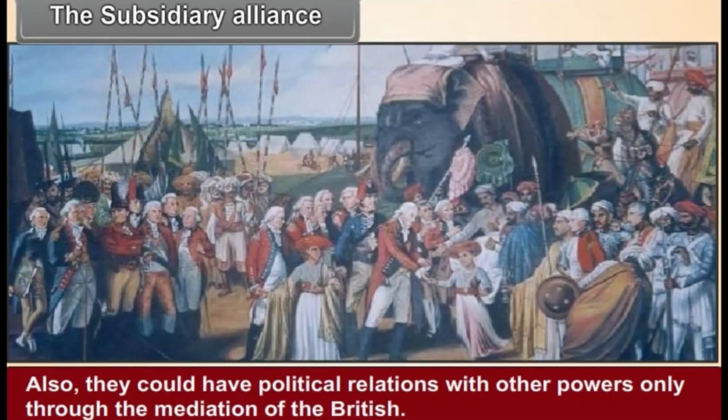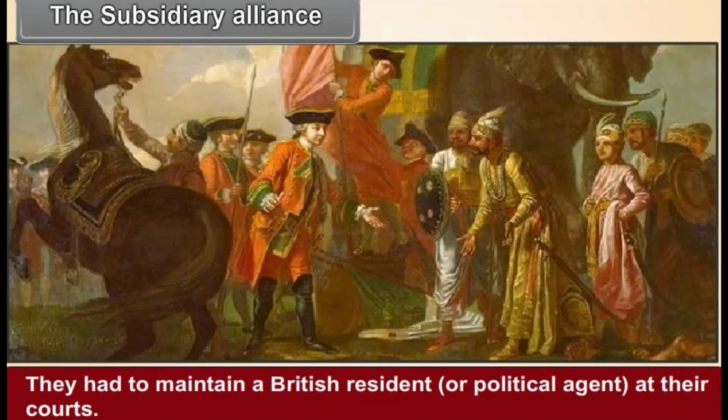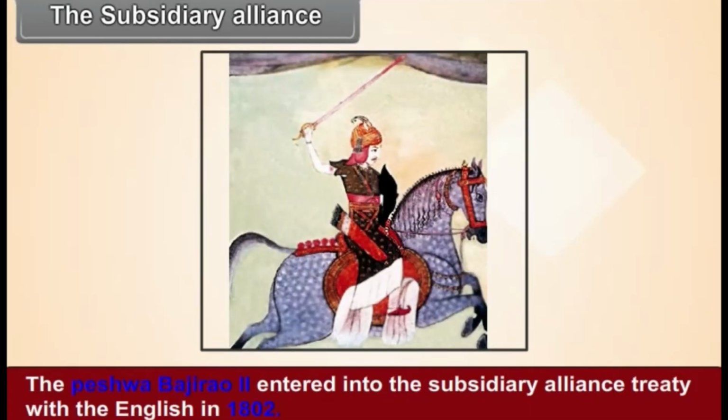Also, they could have political relations with other powers only through the mediation of the British. They had to maintain a British resident or political agent at their courts. Some Indian rulers accepted this alliance and thus lost their freedom. The Peshwa Bajirao II entered into the Subsidiary Alliance Treaty with the English in 1802.